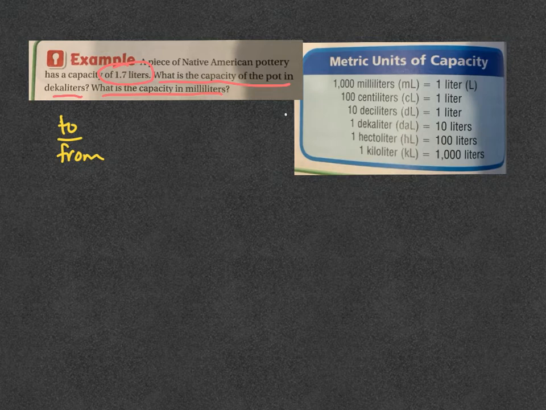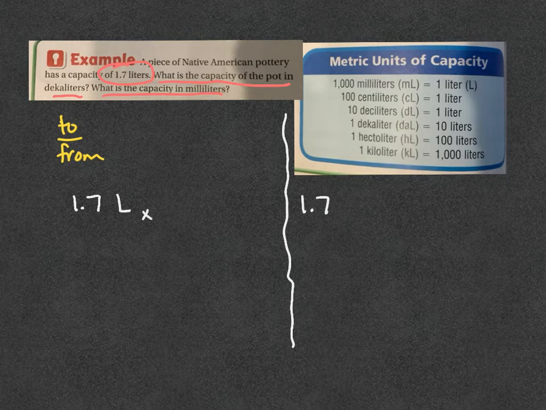I'm going to divide my screen into 2 separate spots because I really have 2 different math problems to do, and that's probably good because you get the extra practice. We are going to multiply our known information times our conversion factor in a to from order. Over here 1.7 liters times, and over here 1.7 liters times, and then I'll put our conversion factor.